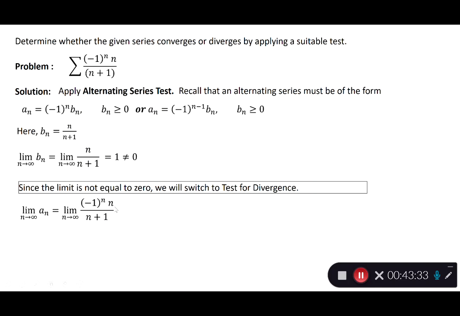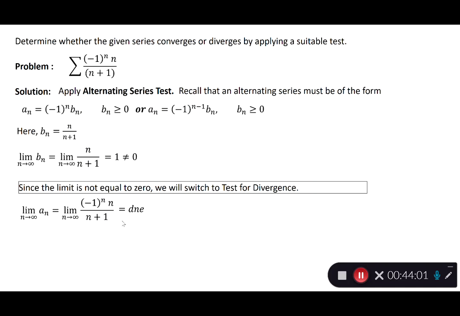For a certain n this quantity would be -1, and the very next term would be +1, -1, +1, -1, +1. It just keeps dancing between those two numbers. So that means the limit does not exist, right? And so, limit does not exist. So what can we say about the series?